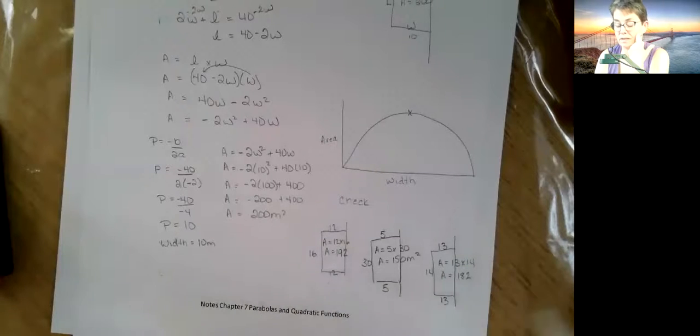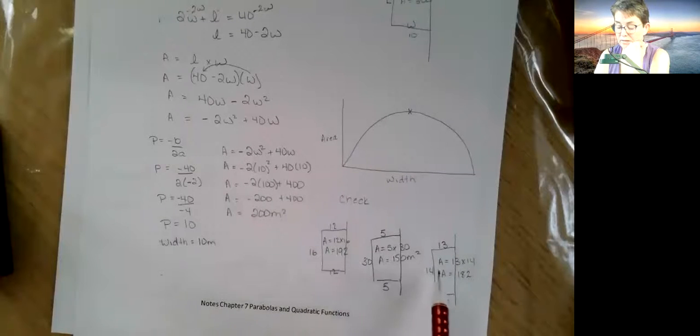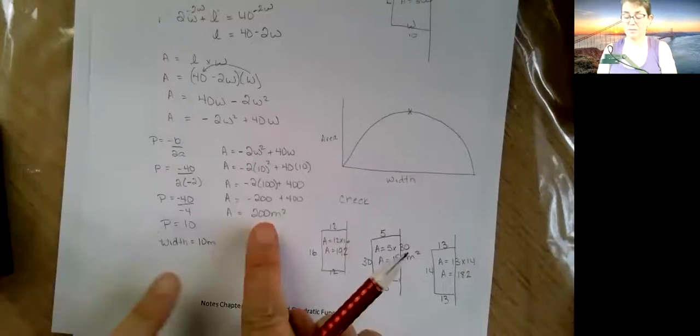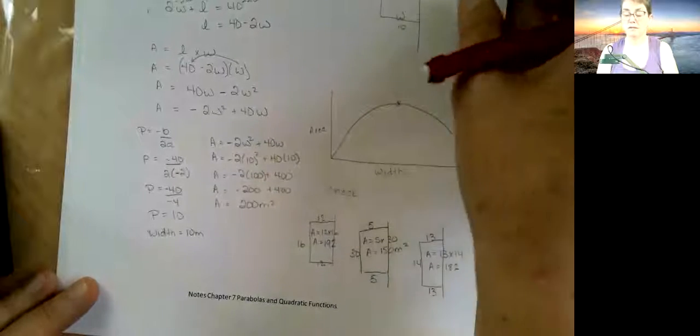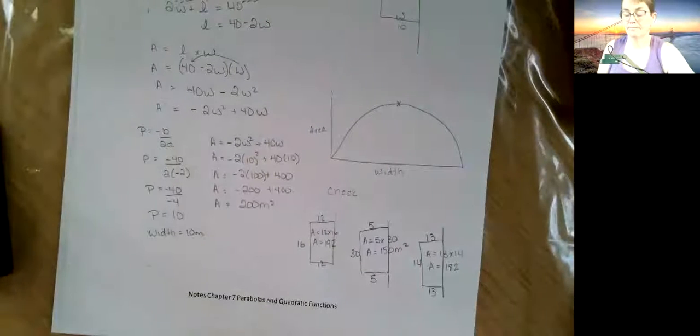So if I was trying to do this systematically, I might go 12, and then I do 13 and see how it got smaller. So then I know this number has to actually go smaller, and I might try 11, and I might try 10. But it's way cooler when we do it this way, using the quadratic formula. So now he knows how to make the biggest kennel for his doggos.